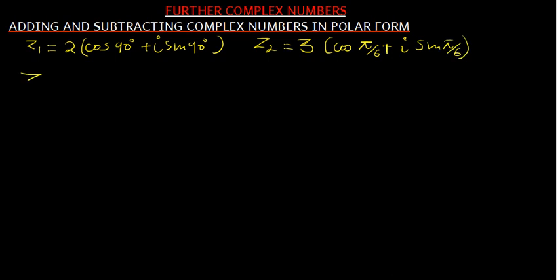Now we want to perform the operation z1 minus z2. How do we subtract these two complex numbers?